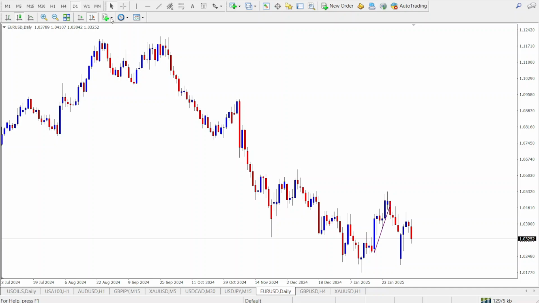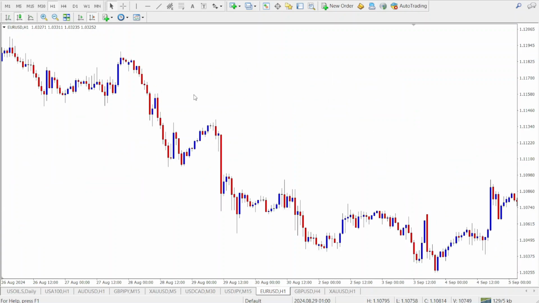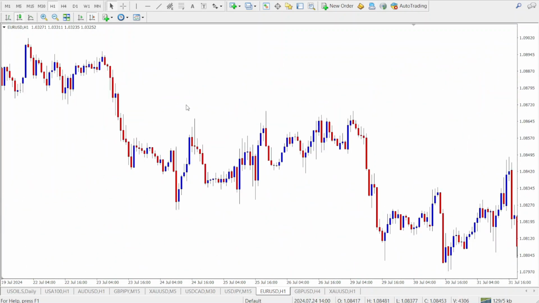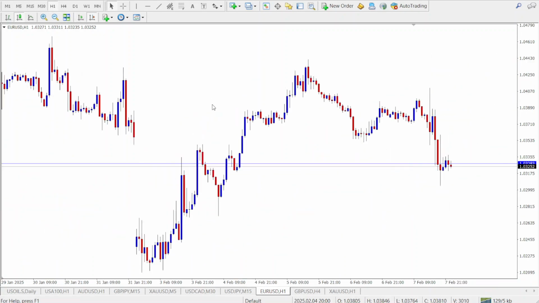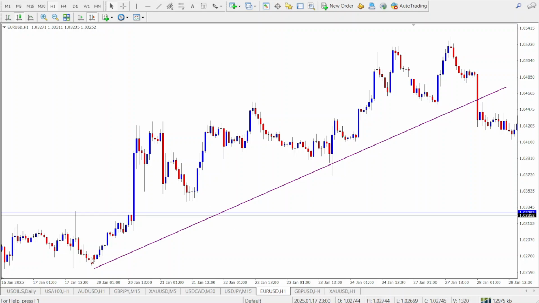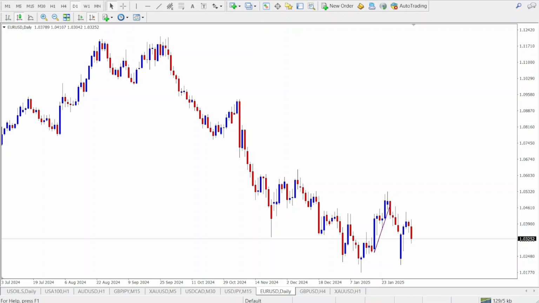Can you see that here we had something that seemed like a bullish trend? This was actually a bullish trend, but on the daily chart, do you see that that is more of a pullback because we're having a general bearish trend on the daily chart? Then this was just a pullback. So can you see that?